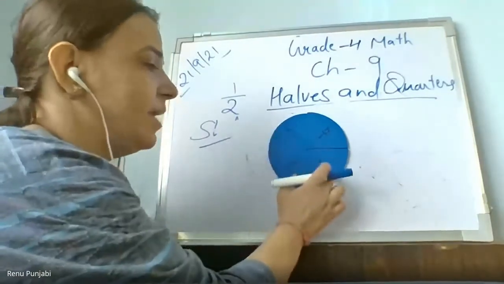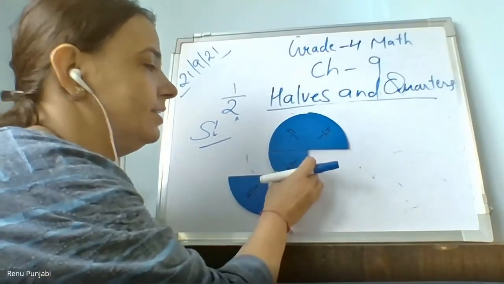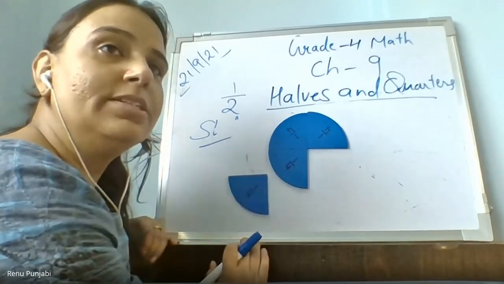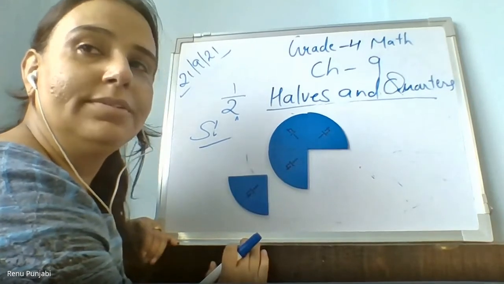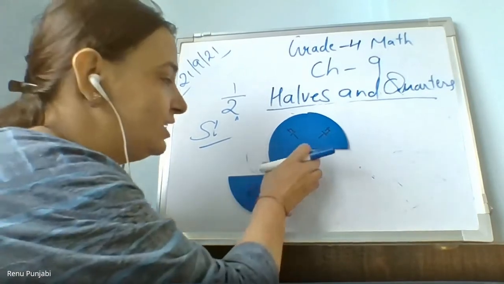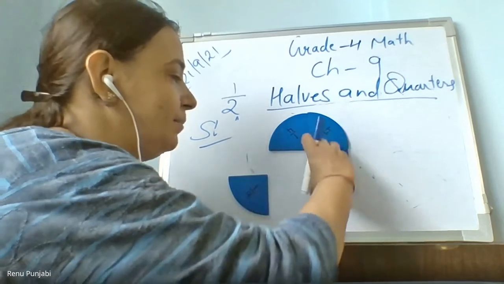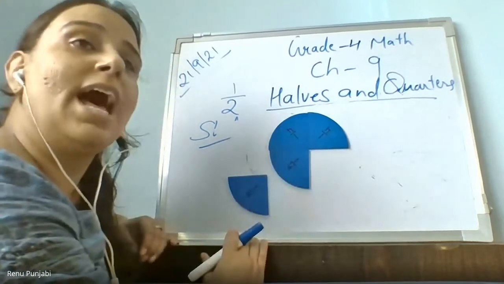Ma'am, but we do the slanting line then. Yeah, slanting line means this part and this part. If you take this part, if this part I bring it here, does it make the half?